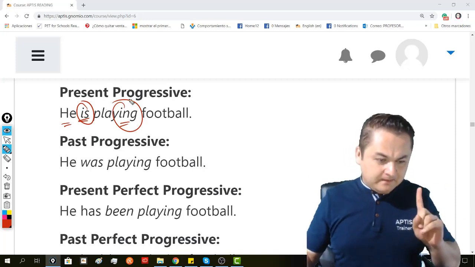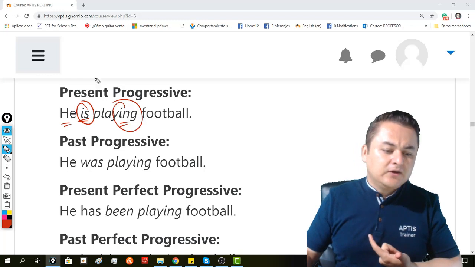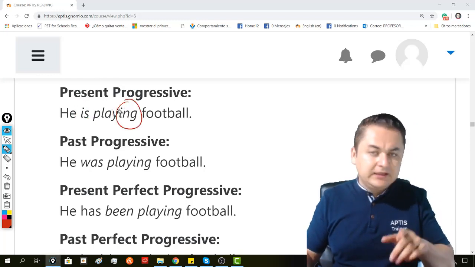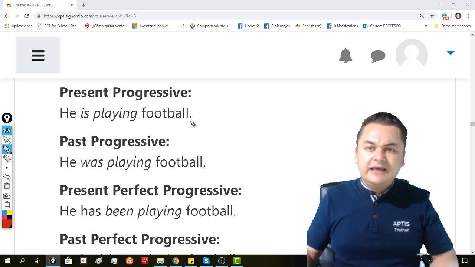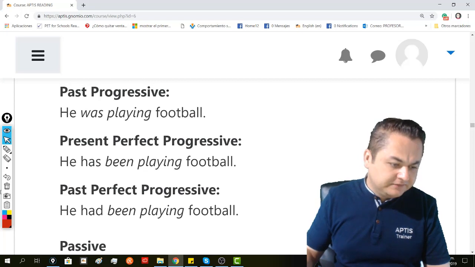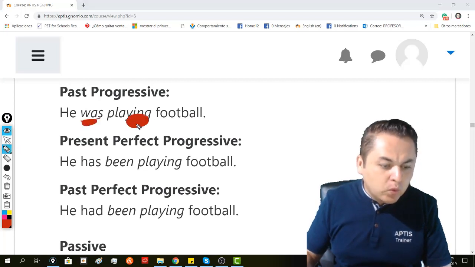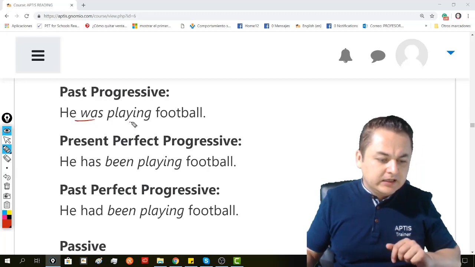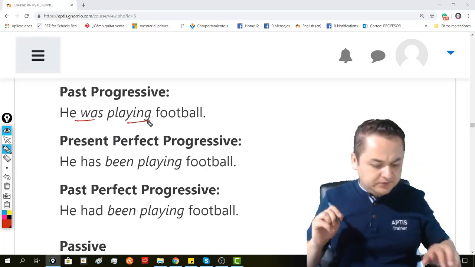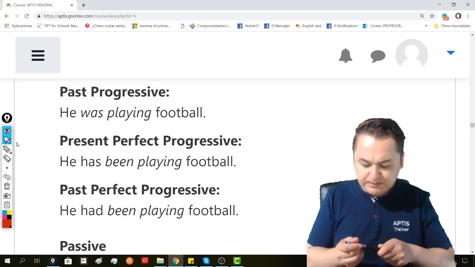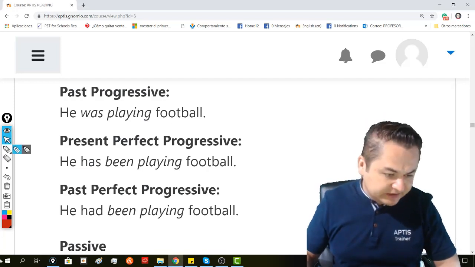And the day of the exam, they're going to give you this verb, and they're going to give you this one, the ing form, in the answer choices. So, for the simple past here, for example, we have he was playing football. He was playing. So, in that case, I'm using the verb to be in its past form, in its past conjugation.